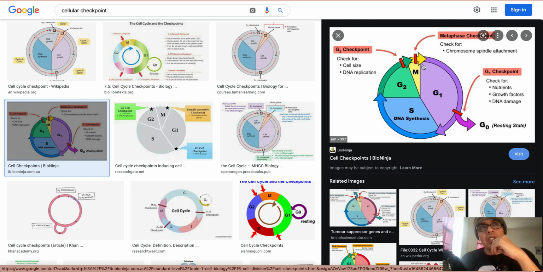Random variations can cause a cell to be set up in a bad way for replication to continue, and we know that's bad, right? Because if cell proliferation happens in the wrong way, bad cells will proliferate, and that's essentially what happens in cancer, right? But that's why these cellular checkpoints are here.